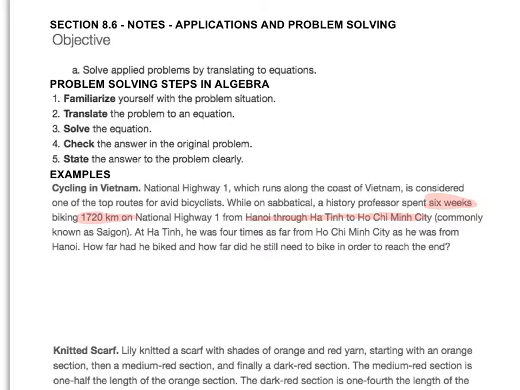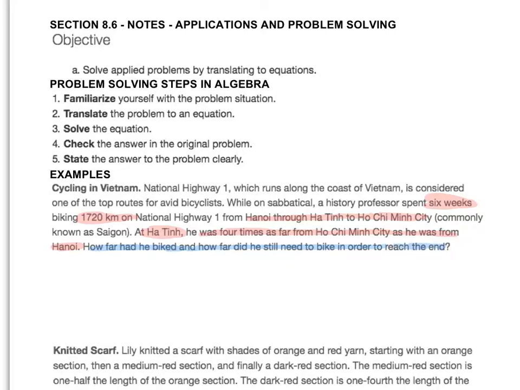The other important information is that at Ha Tin, he was four times as far from Ho Chi Minh City as he was from Hanoi. The question being asked is how far had he biked, and how far did he still need to bike in order to reach the end?